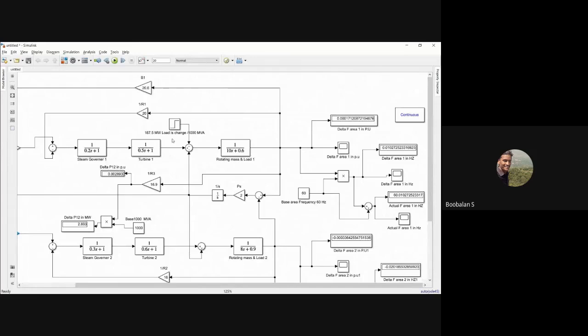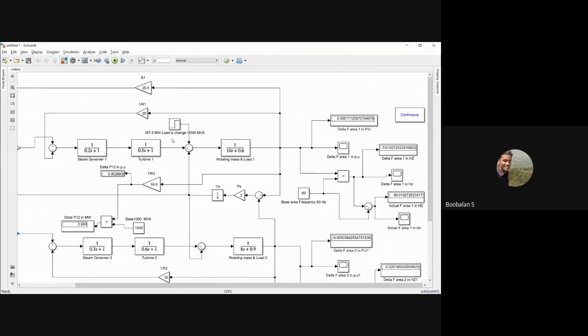Okay, we'll have one more question for you people. If there is one more load going to be changing on my area 2, either being added or decreased, how do we differentiate and show it? If one more load change is going to occur on my area number 2, how can we show this?